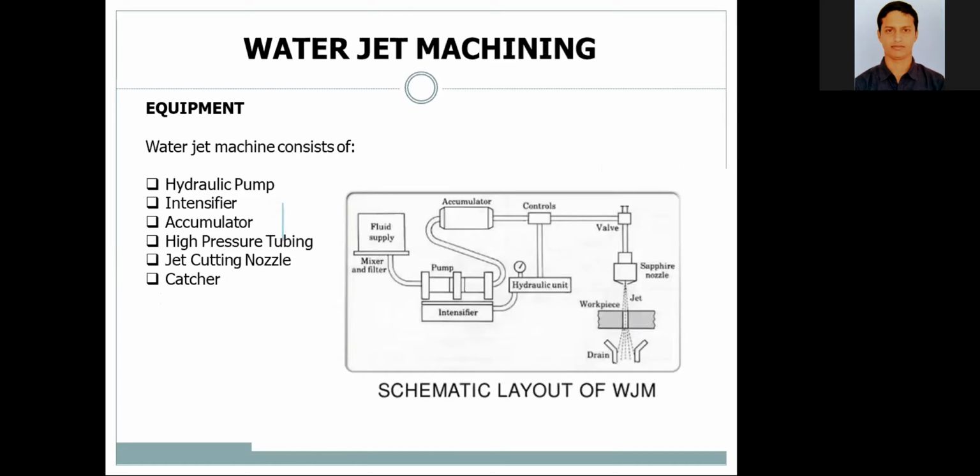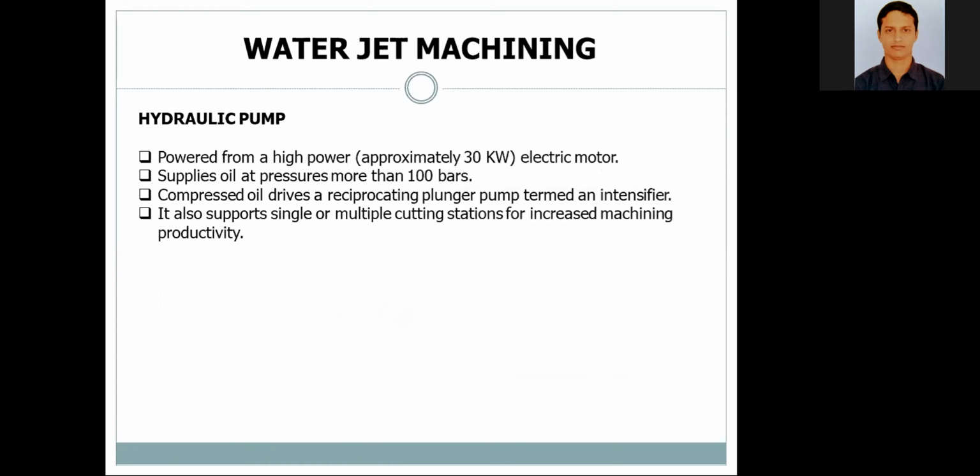Equipment of water jet machine. Generally, a water jet machine consists of hydraulic pump, intensifier, accumulator, high pressure tubing, jet cutting nozzle, and a catcher. Hydraulic pump is powered from a high power electric motor.